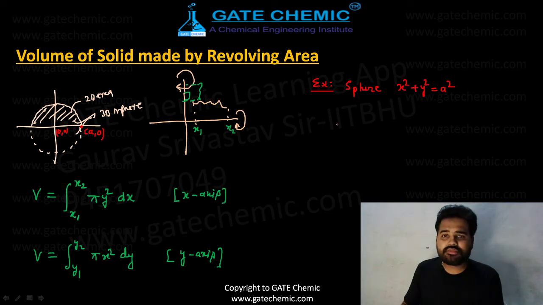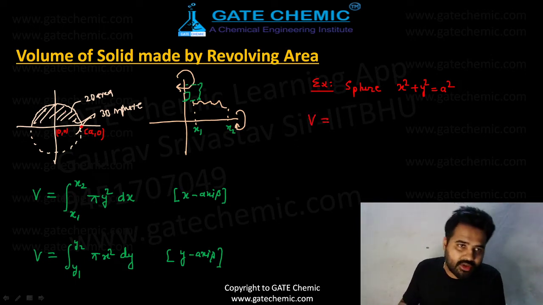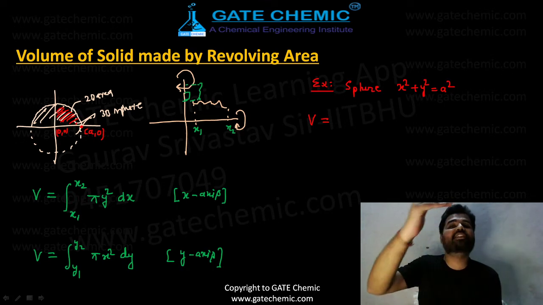Now here I want the volume of this sphere. So how to get this volume? Volume V equals to... one thing you must be clear about, beta: if I revolve only this side, 0 to a only, then I will get a hemisphere.